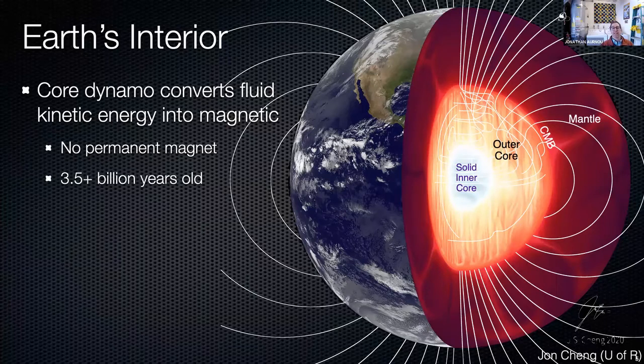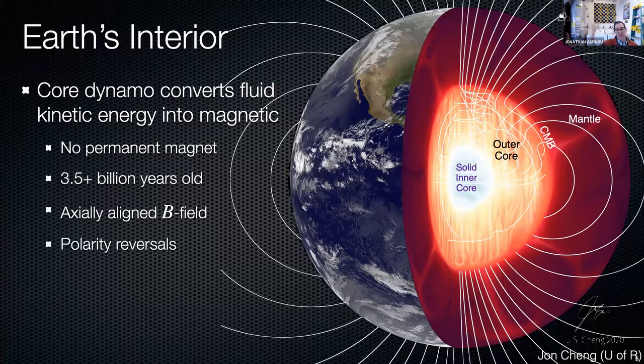There's geologic evidence going back about 3.5 billion years showing that we have a long-lived paleofield, maybe even older, but that's where people really start arguing rather vociferously. The field on average is aligned with the rotation axis of the planet. It undergoes interesting polarity reversals where it can flip direction.